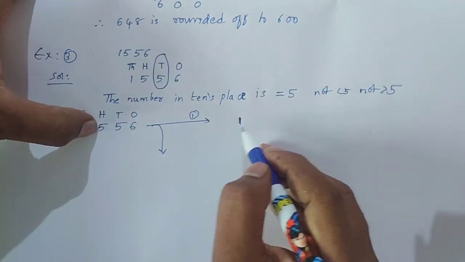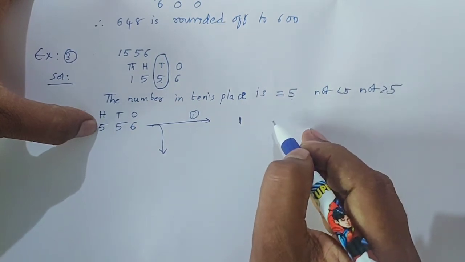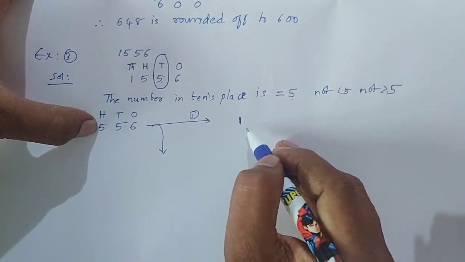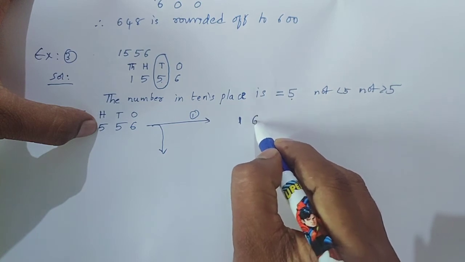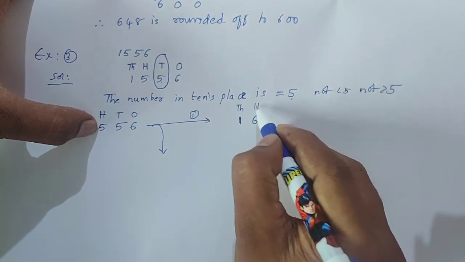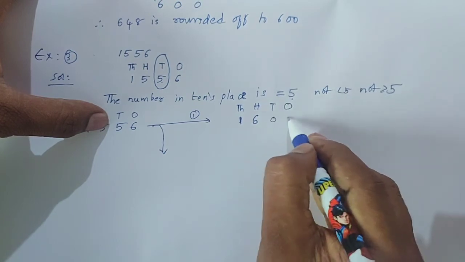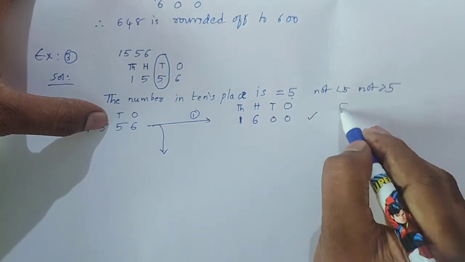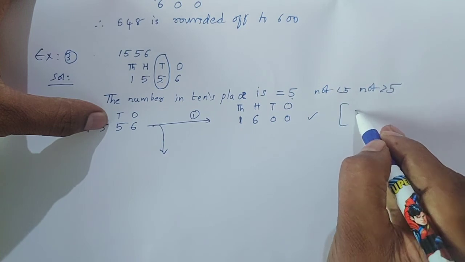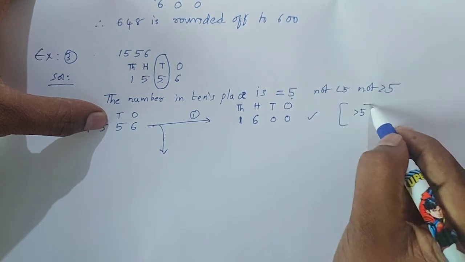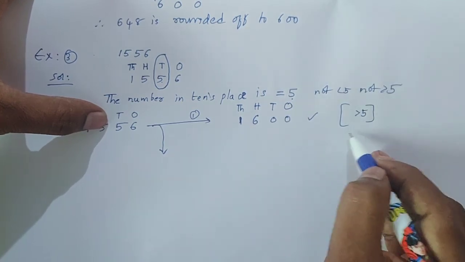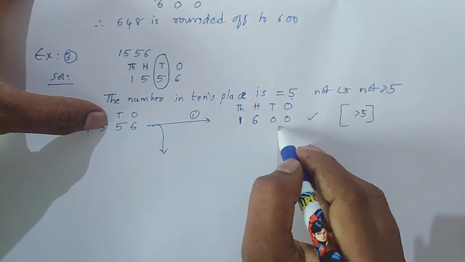In hundreds place we can increase the number by 1, so write 6 in hundreds place. You can put zeros in the remaining two places. This is the method we follow for greater than 5, when the number in tens place is greater than 5.